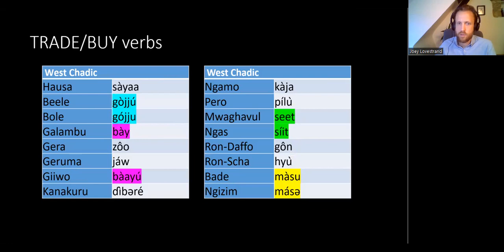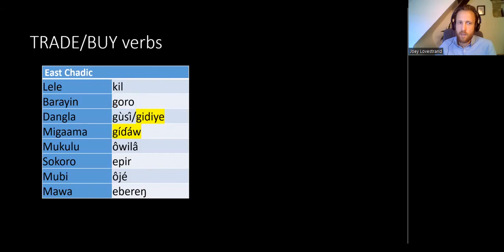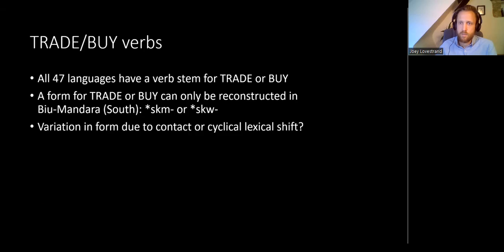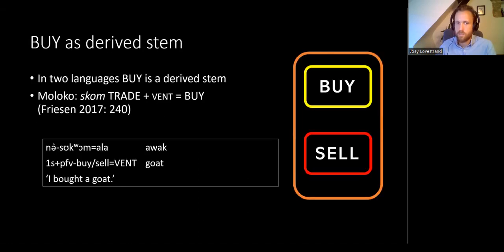Any sort of Proto-West Chadic word for this would be difficult to reconstruct. And likewise for East Chadic languages, there's not a lot of very obvious cognates here. It'd be difficult again to reconstruct any form for trade or buy from East Chadic languages. So there's quite a bit of variation, and it's not clear if that variation may be due to contact, or it could potentially be due to some kind of a cycle in the semantic or lexical shift that's happening, which I'll come back to at the end of this talk.